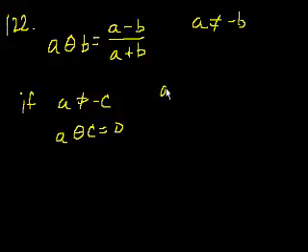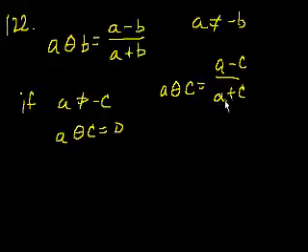A theta C is equal to A minus C over A plus C. And then we want to set that equal to 0 because they're telling us A theta C is equal to 0. They're telling us that A does not equal minus C.